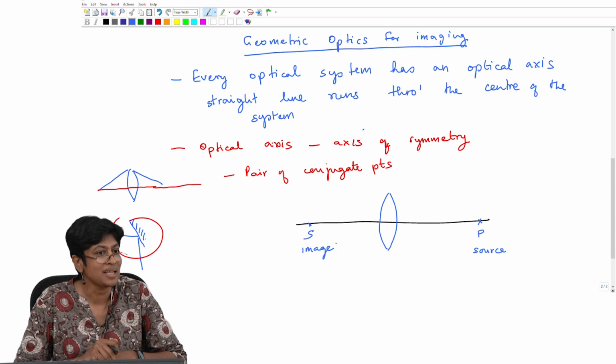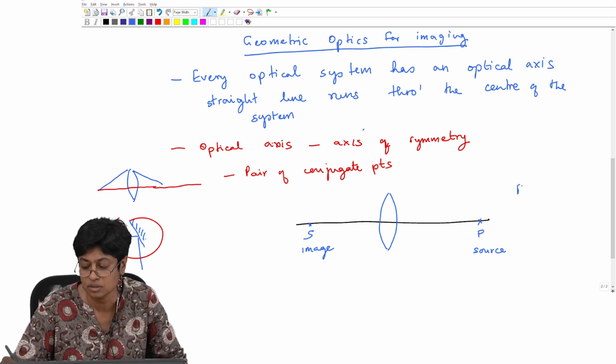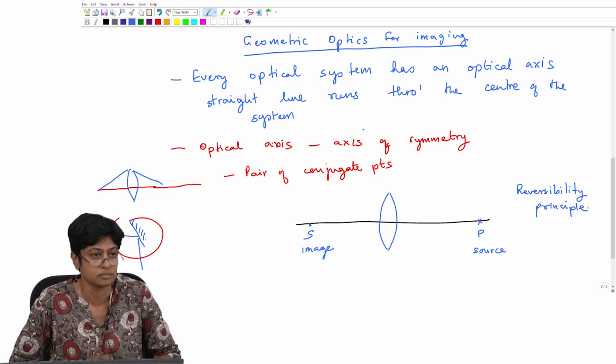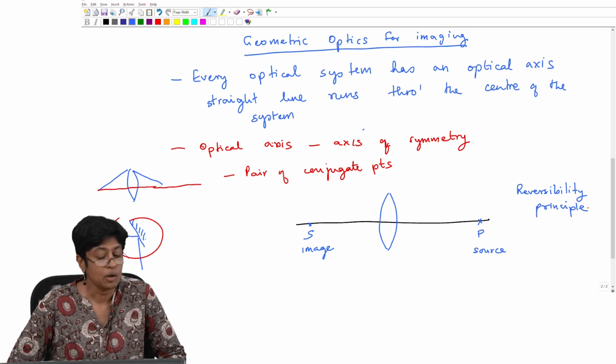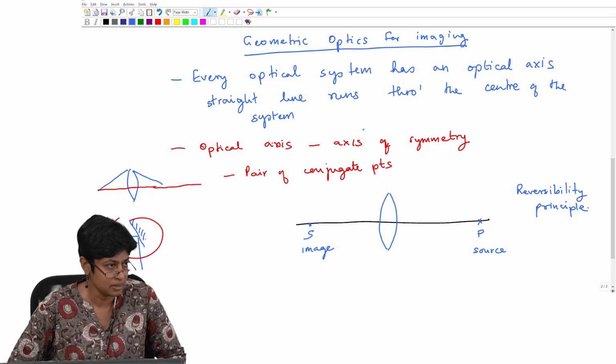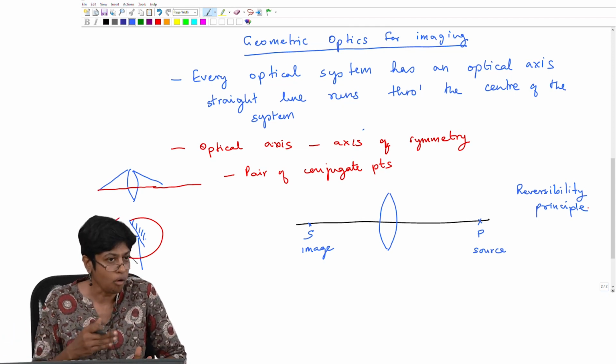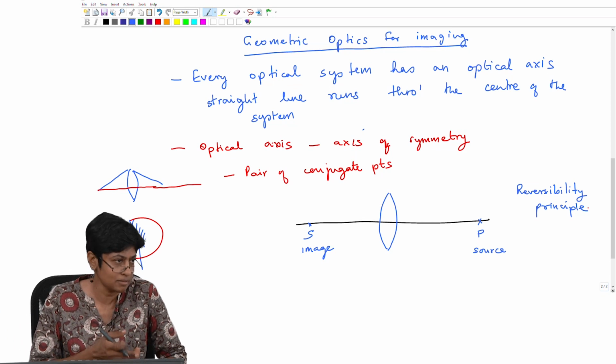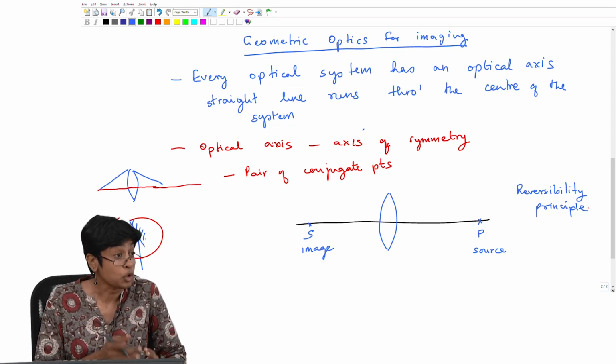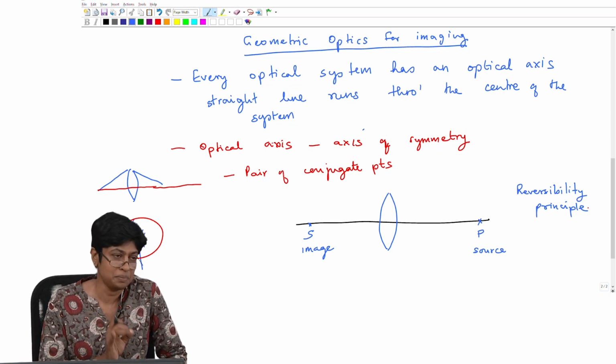So the optical path is reversible. So this is the reversibility principle. Now, while the path is reversible, that means source is at S, image is at P, or source is at P, image is at S, the quality of that image need not be exactly the same.